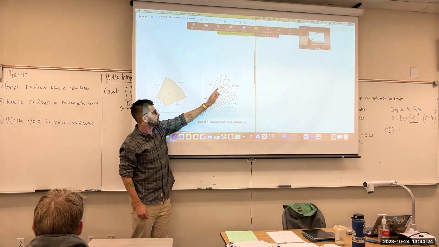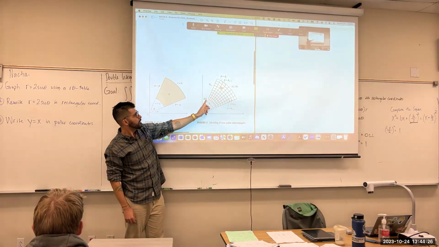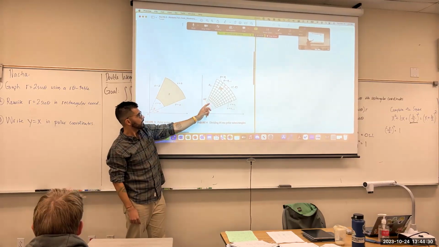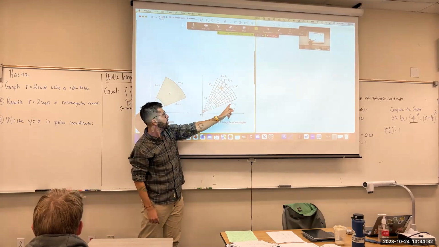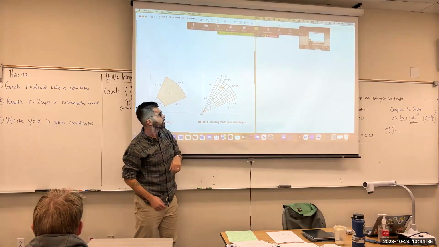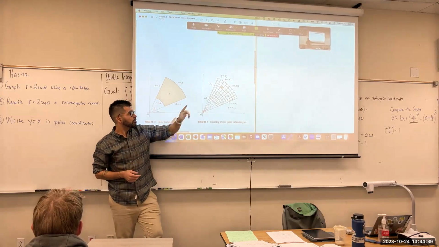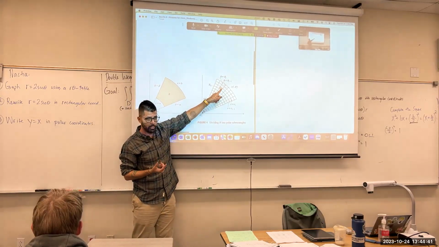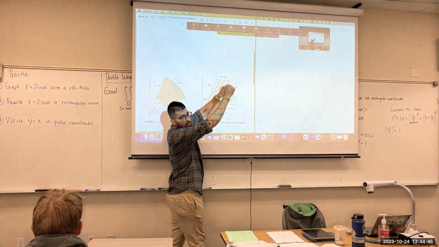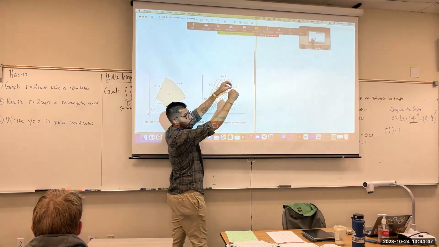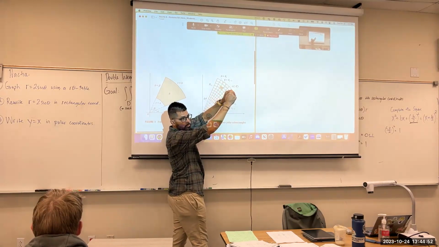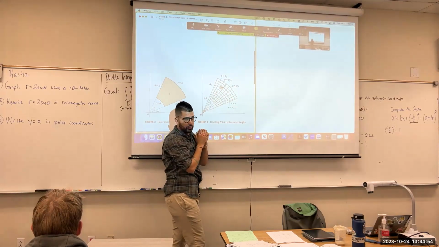Each of these intervals splits up theta into a width of delta theta, and we split up the intervals for r and call them delta r, which is not shown here, but we're going to write it down. Pick a point, like we did with the rectangles, plug that point into your function to give you your z value, and then find the volume of that little box within that rectangle. Just like we did with the rectangle.